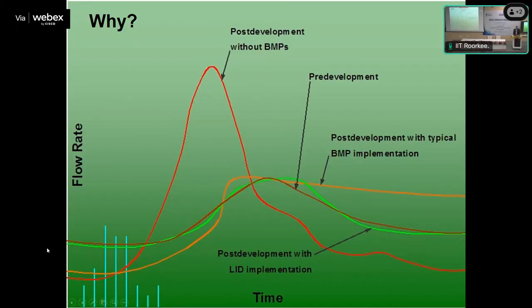All right. So we start out with this maroon or brown curve, okay? That's the hydrograph associated with an undeveloped area. And then we develop it. We basically take that field, we were talking about very productive, very fertile soils here in Uttarakhand, okay? And we pave over it.